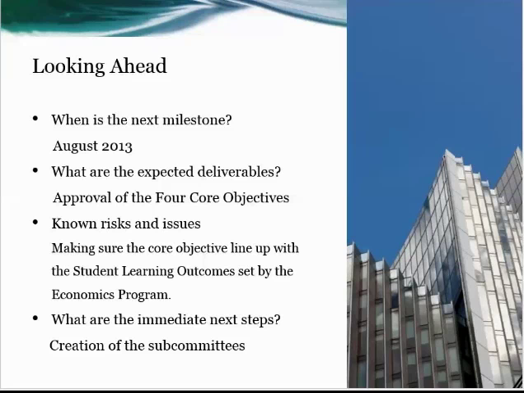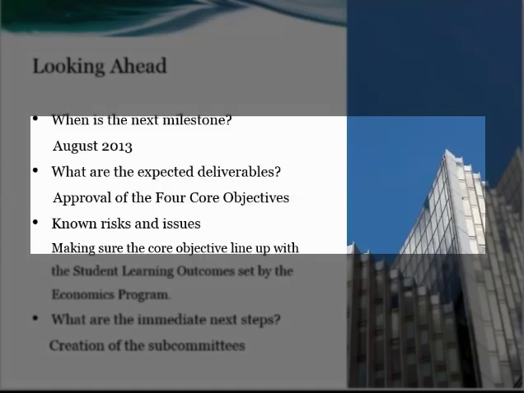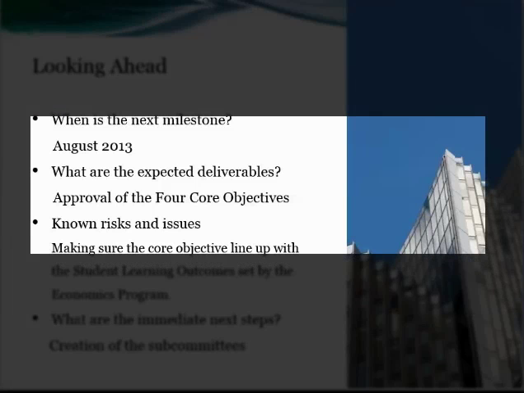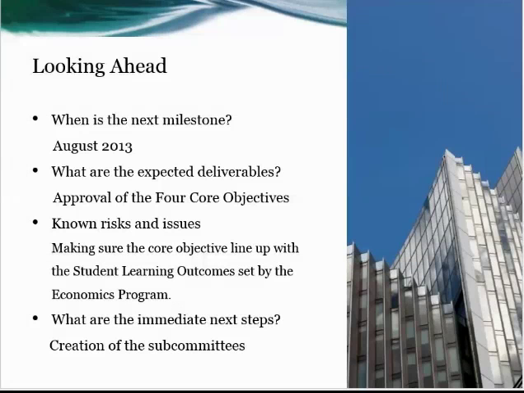I believe most of them do, but that will have to be the full judgment of the entire economics program. And then the immediate next steps are the creation of those subcommittees, charging them with the task of coming up with the instruments, and then reporting back to the full program for its approval.